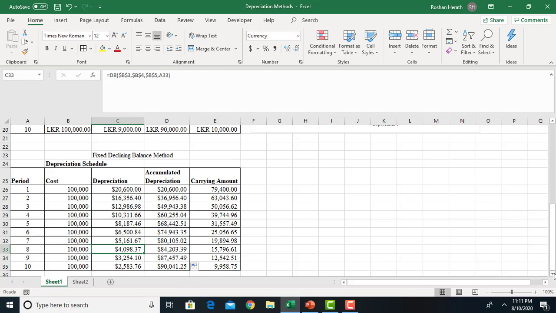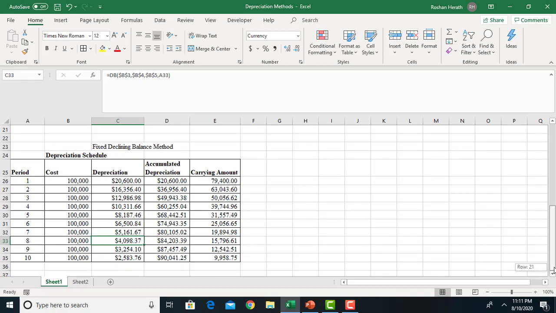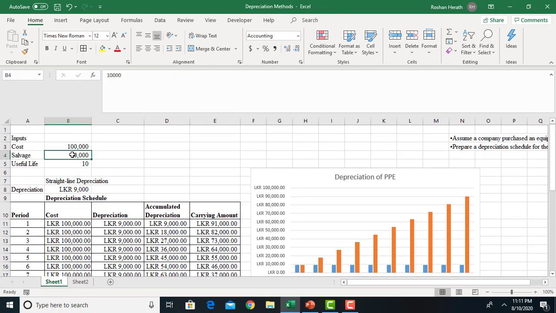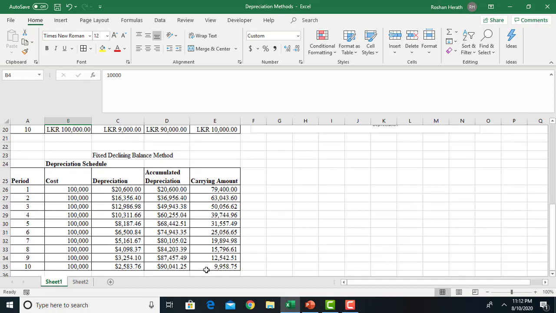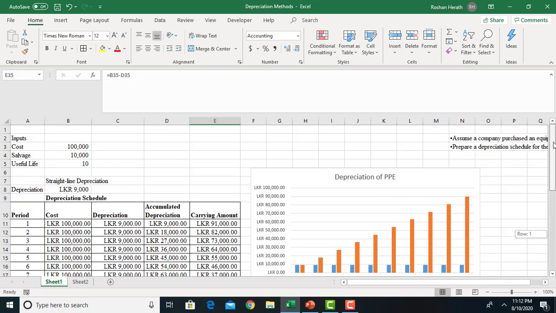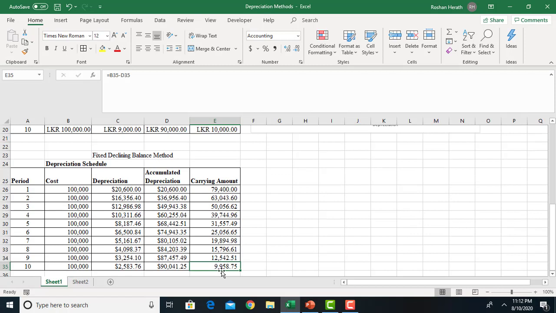Here you would witness that when we come to the end of the useful life, the carrying amount is supposed to be 10,000. But it is a little different from that. The carrying amount is 9,958, whereas the salvage value is 10,000. This is something you can pretty much expect under this declining balance method.